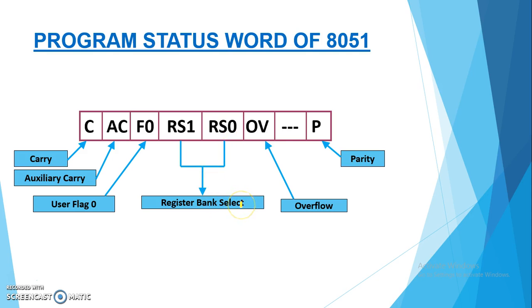As I told you, there are 4 register banks, and the selection of those 4 register banks can be done using RS0 and RS1. You have the overflow flag and the parity flag. Altogether, when you combine these 8 bits, this becomes the program status word of 8051.